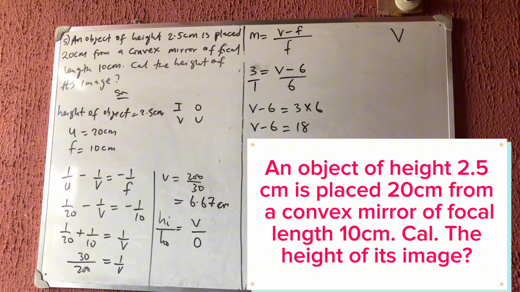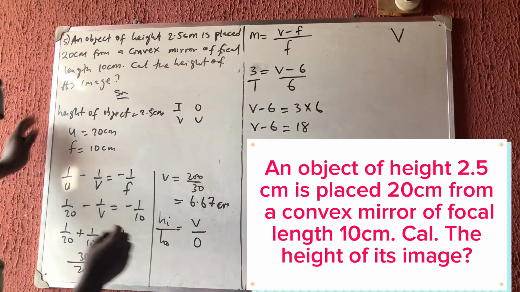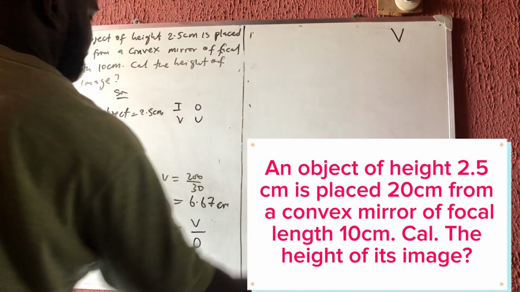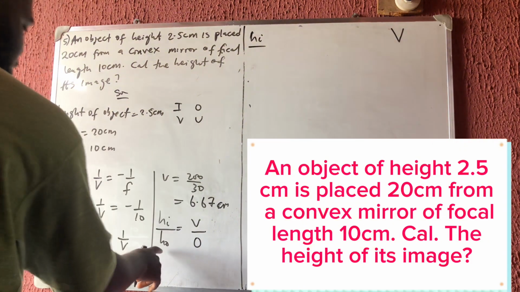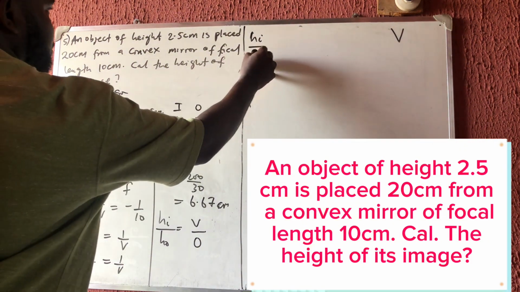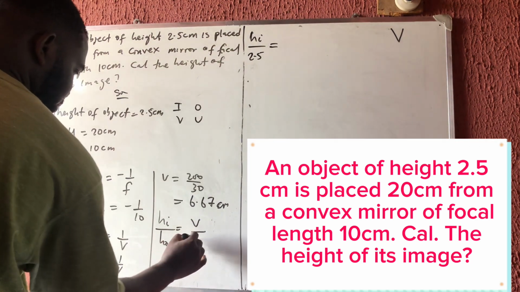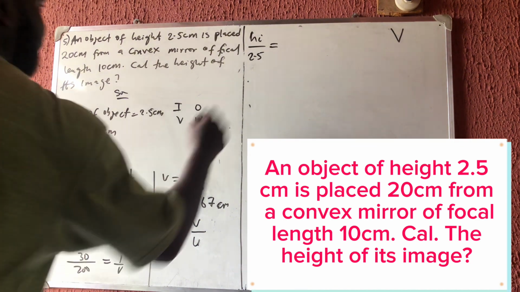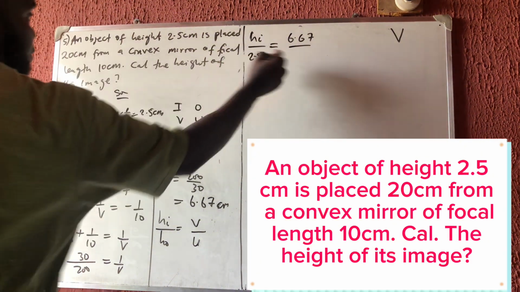So what do we have now? The height of the object is 2.5. So I have hi, which I'm looking for, over ho, and my ho they gave me is 2.5, is equal to my V, 6.67, over my U, which is 20.